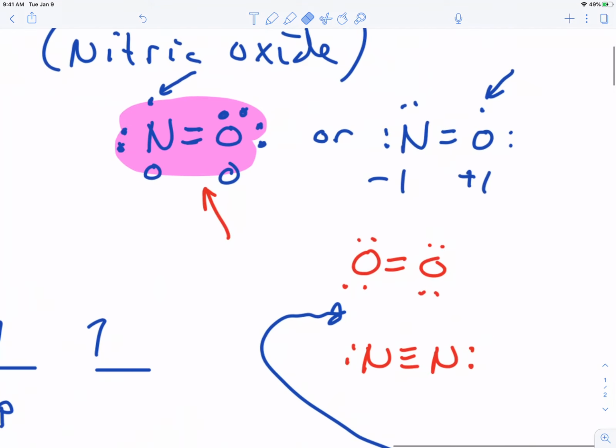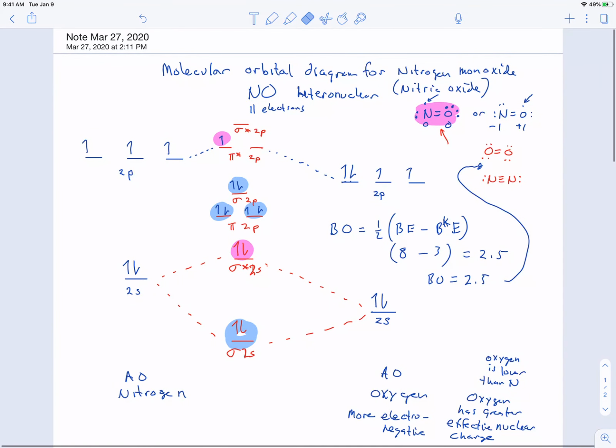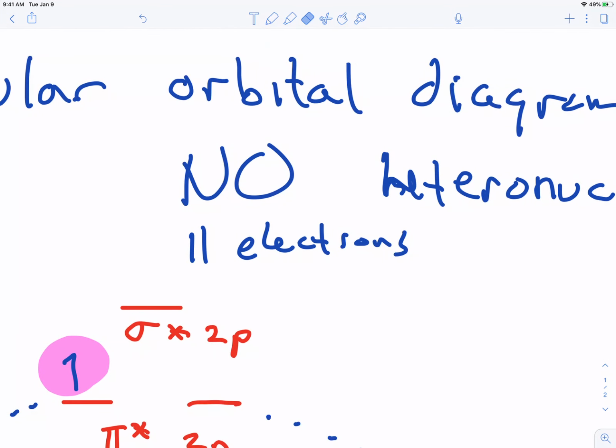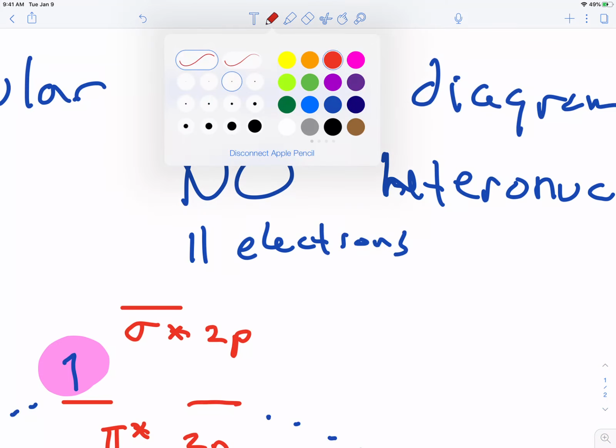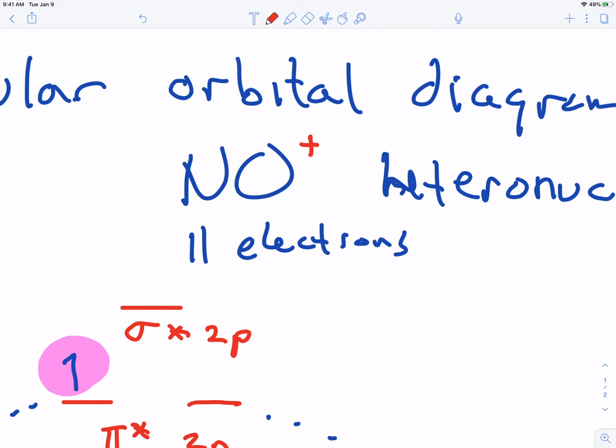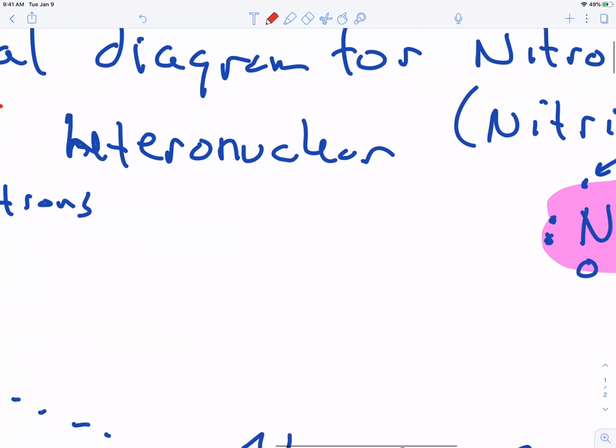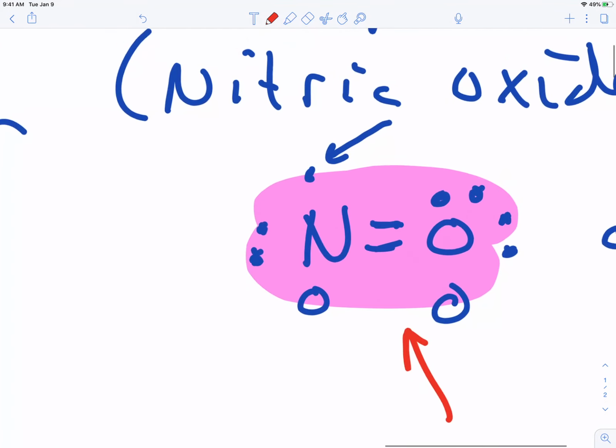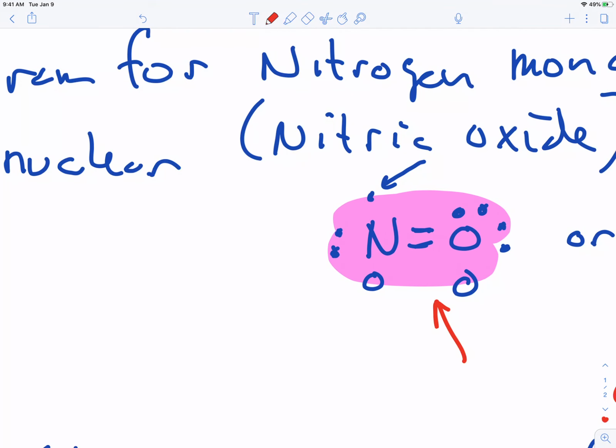One last thing I'd like to mention is, what if we did a plus charge on NO? You might think, well, this doesn't look too stable. It's got that 1 electron, and that's not a very stable configuration.